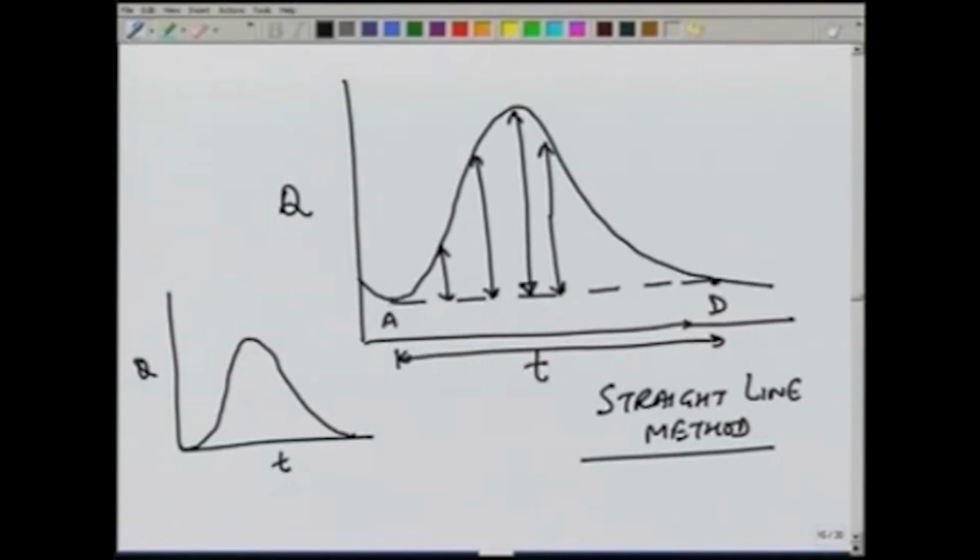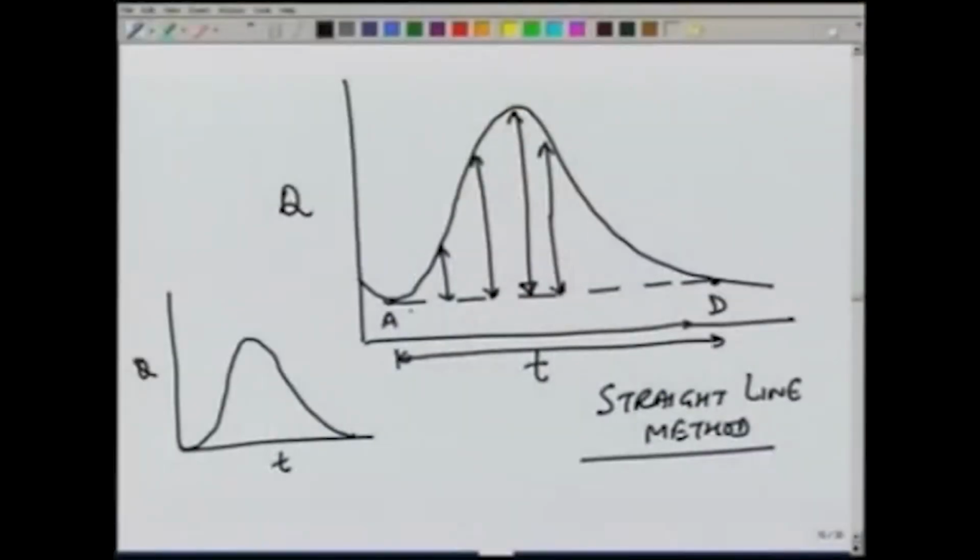One is, some people say that the base flow does not remain constant throughout this period. Once the storm occurs, the groundwater level will also go up and the base flow should increase. So, there are different methods which can be used to improve on this.